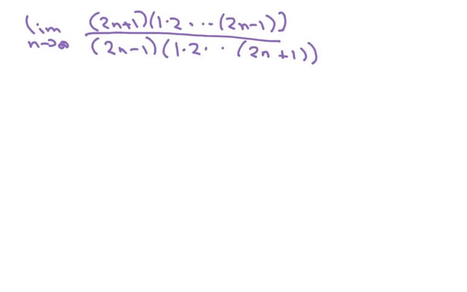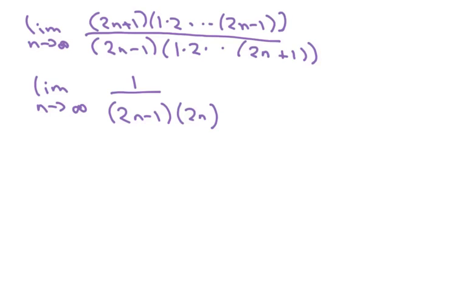And that's going to reduce down to 1 over 2n minus 1 times 2n.